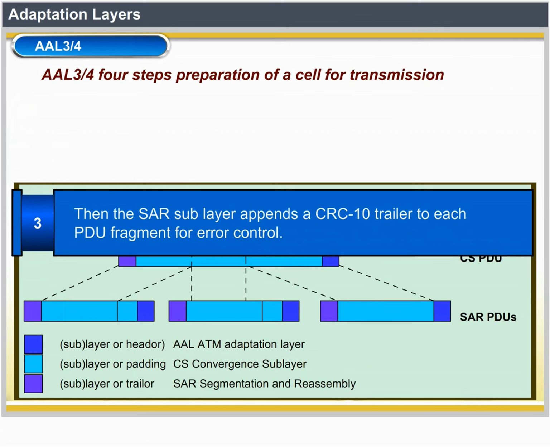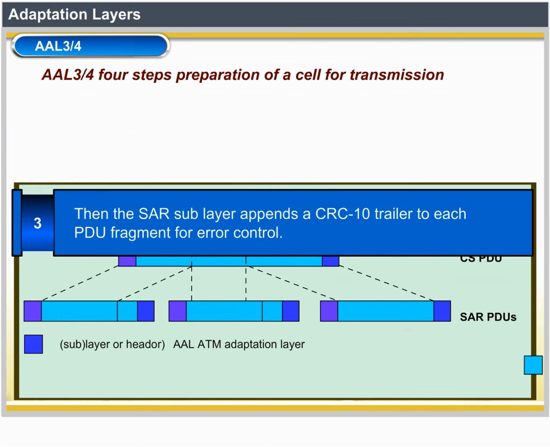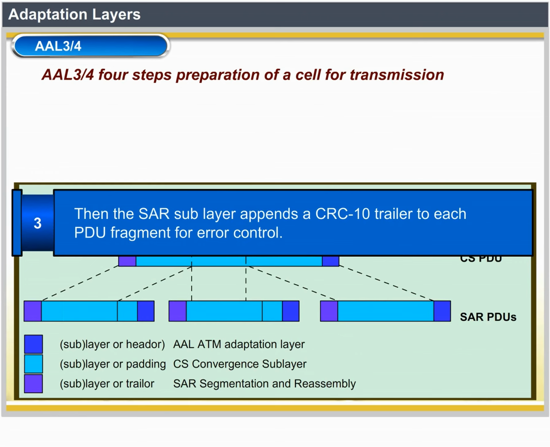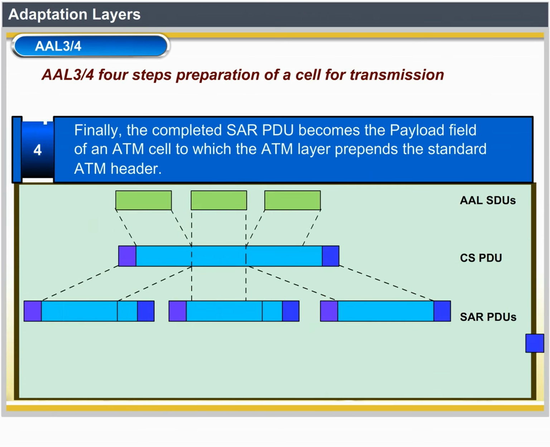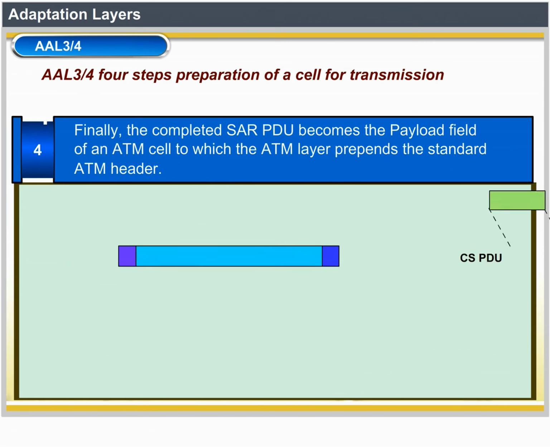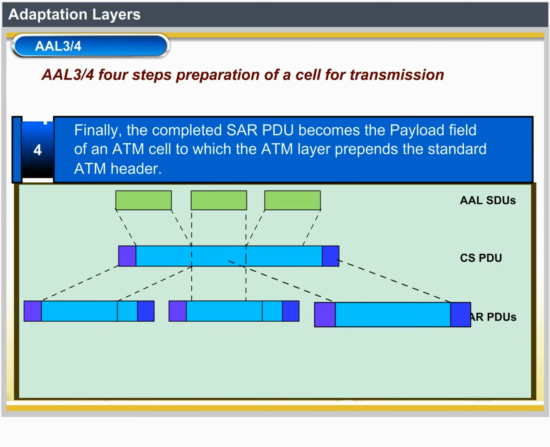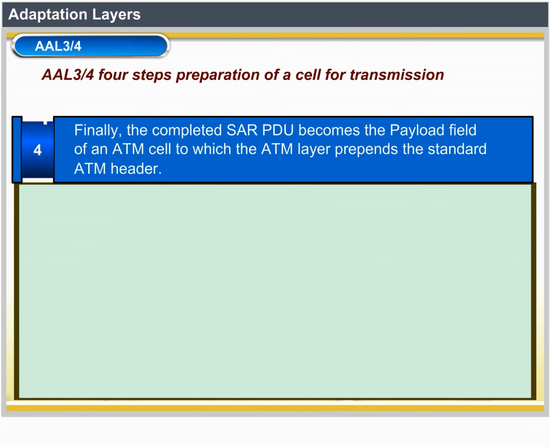Sequence number identifies the order in which cells should be reassembled. Multiplexing identifier identifies cells from different traffic sources interleaved on the same virtual circuit connection, VCC, so that the correct cells are reassembled at the destination.